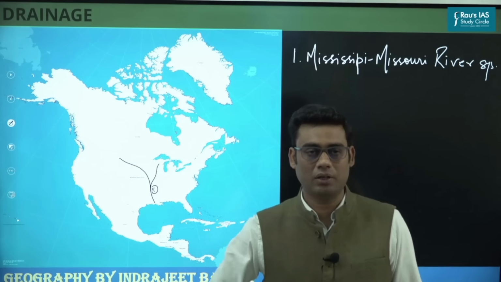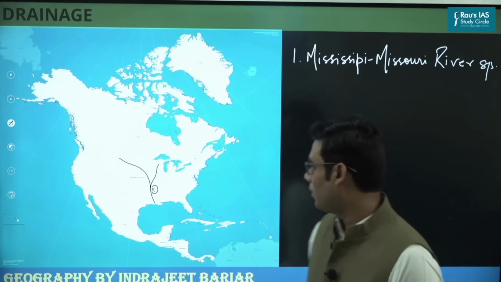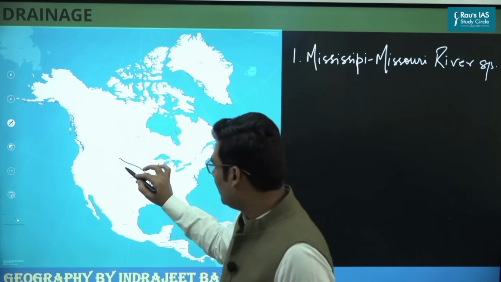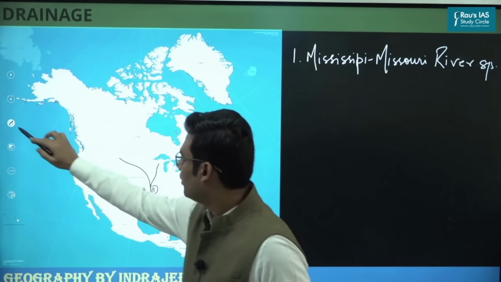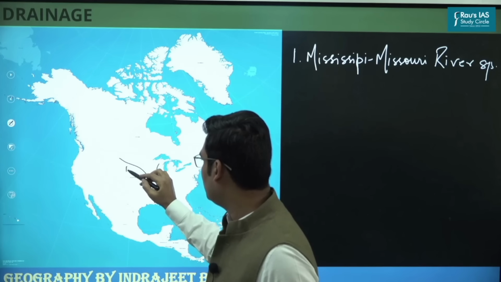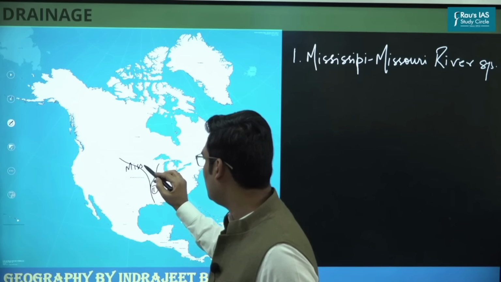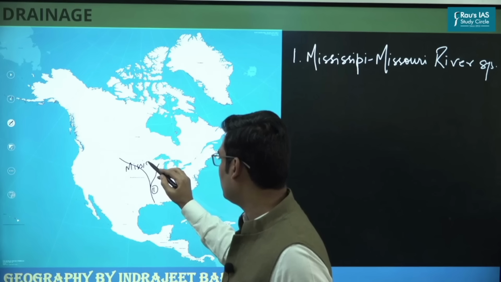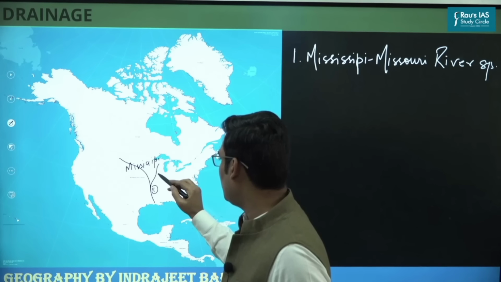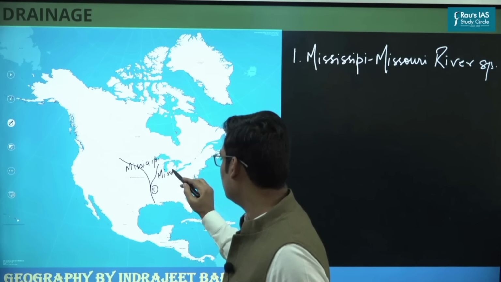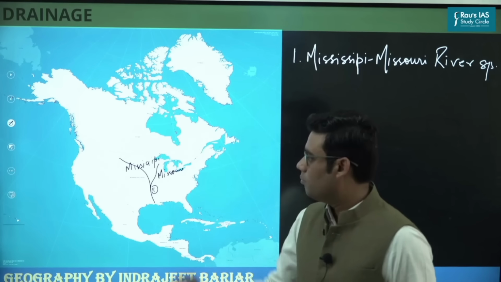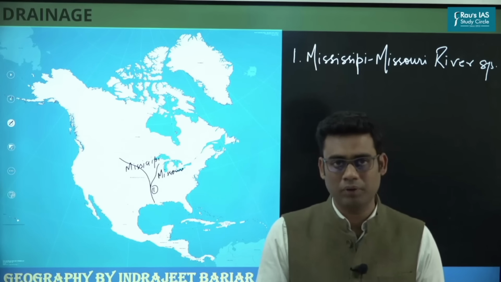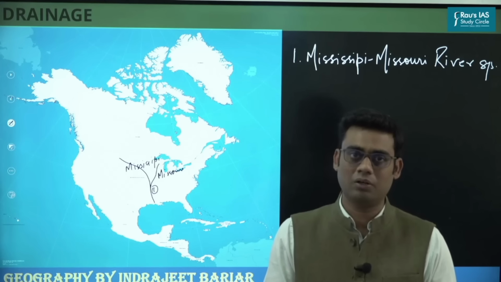That's the first river system of North America. Over here, this part is the Mississippi River, and this is the Missouri. Here Mississippi is the master stream and Missouri is considered to be a tributary.